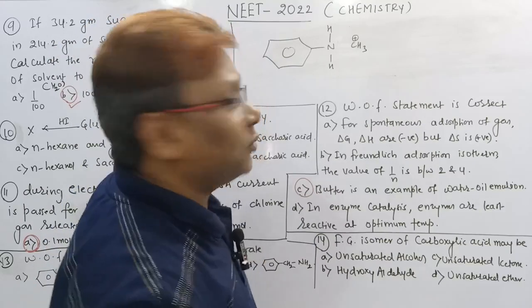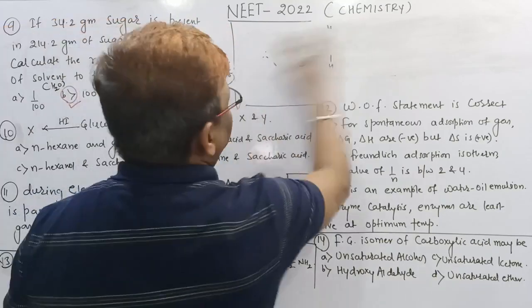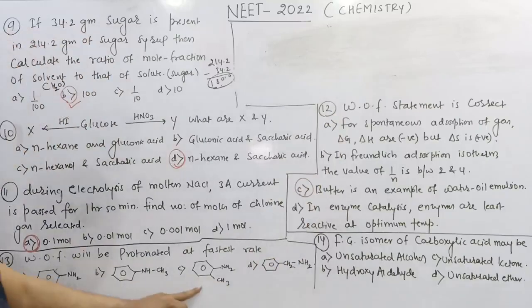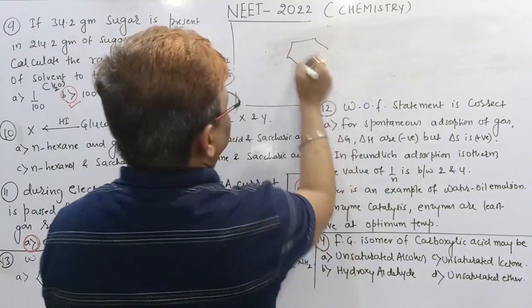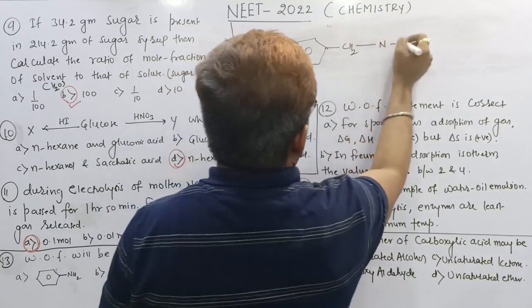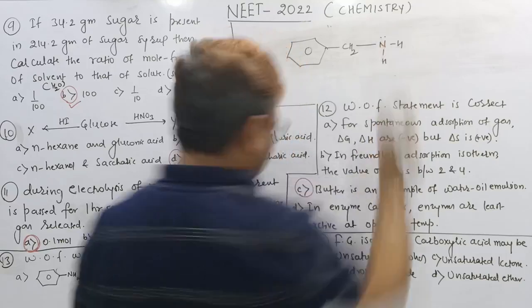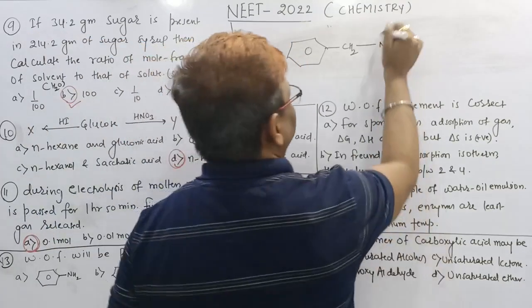Now check option C and D. Leave that C, we come to D directly. It is a benzyl amine, CH2 and then NH2, and it has a lone pair. It will make a bond with the H plus ion. Protonation means making a bond with the H plus ion.